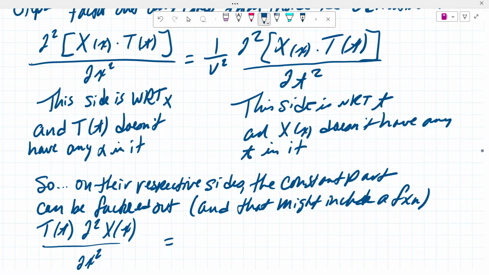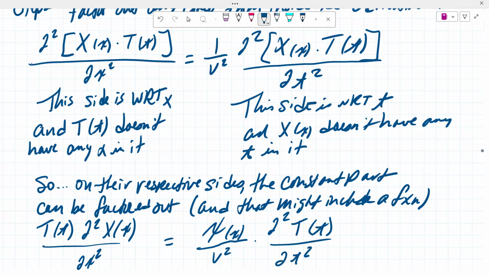So I'm just going to put my X of x over v squared times, now I'm going to have my d squared T of t left inside over my dt squared. So that's what's left inside my derivative, this part of the function here, whereas this part is now factored out.